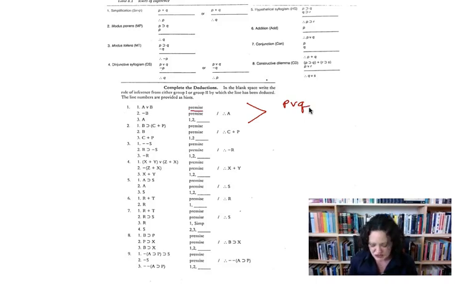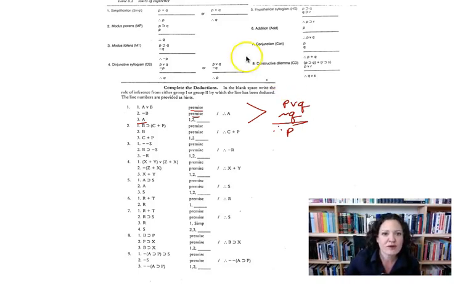We have another premise here, not B. So remember, I replaced B with Q, so this is not Q. Therefore, my conclusion is line 3. Therefore, P. Now, I've just replaced the letters from the argument forms that we already know about from up here.